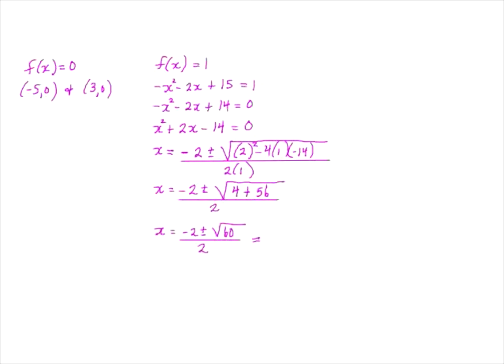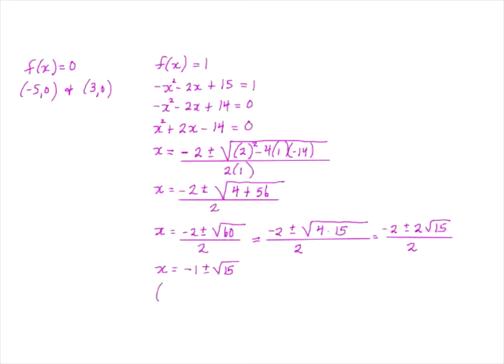And the square root of 60 can be reduced into simpler radical form. 60 is the same as 4 times 15, so we have -2 plus or minus 2 root 15, all divided by 2. So finally we have our value of x to be -1 plus or minus the square root of 15.